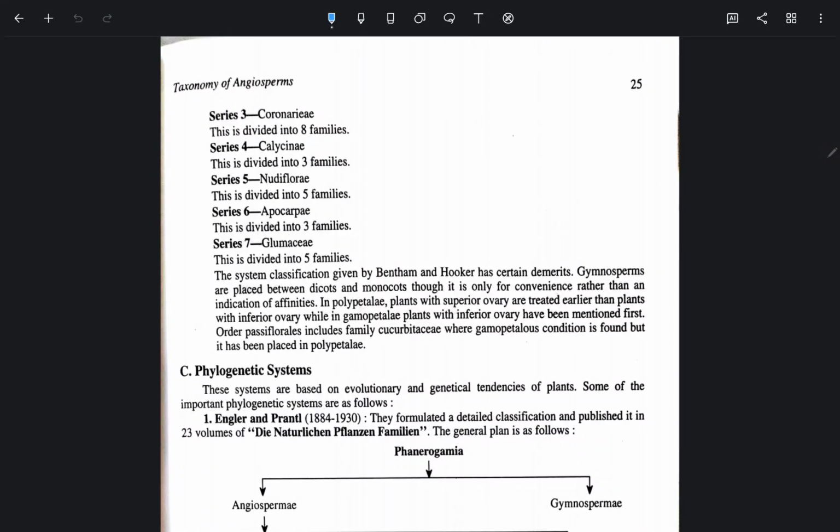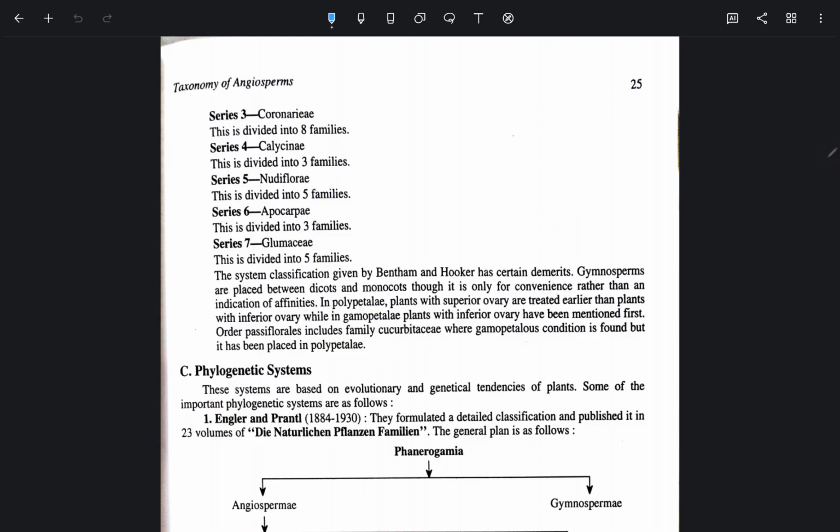The system of classification given by Bentham and Hooker has certain demerits. Gymnosperms are placed between dicots and monocots, though it is only for convenience rather than an indication of affinities.